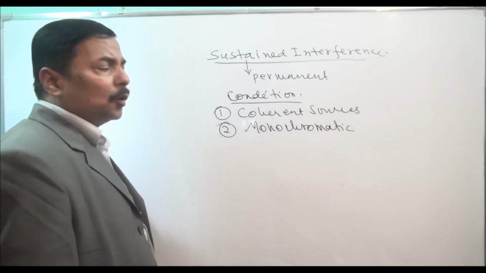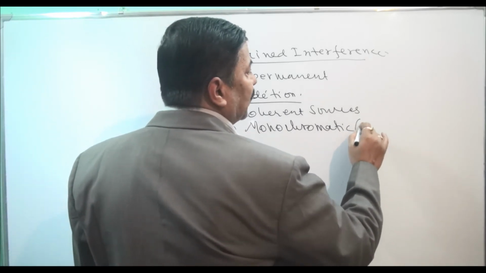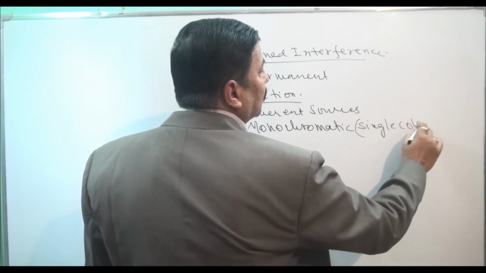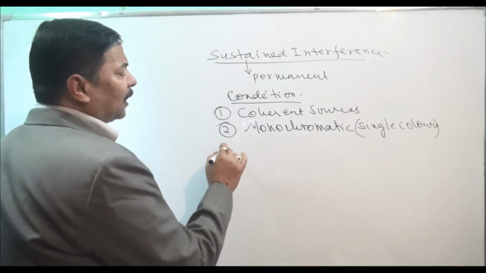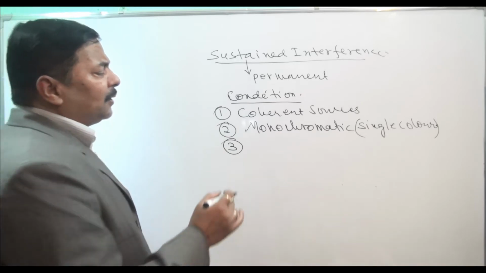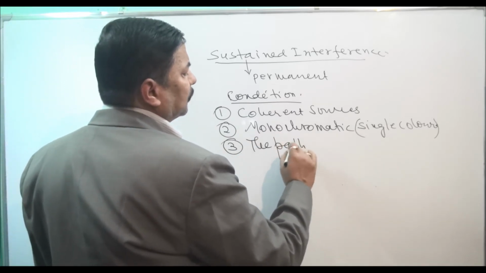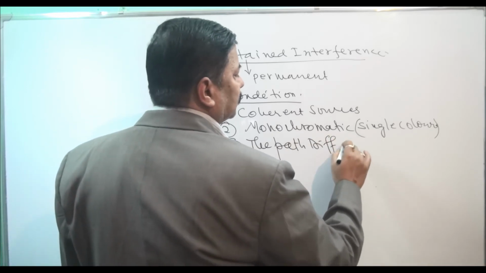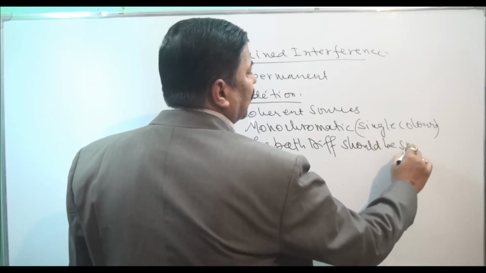Monochromatic means single wavelength or single color, either red, blue, green, any single color. And the third condition is that the path difference between the waves should be small.